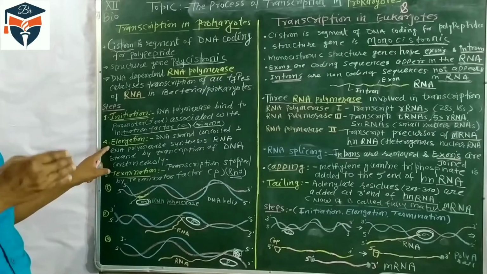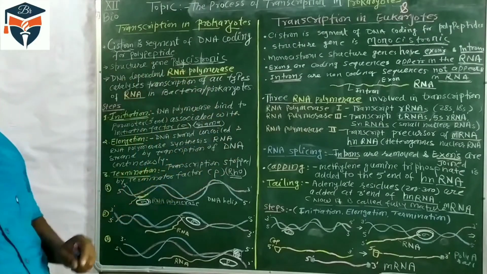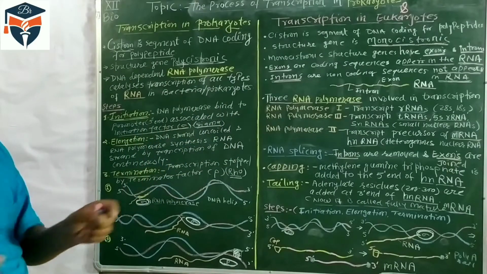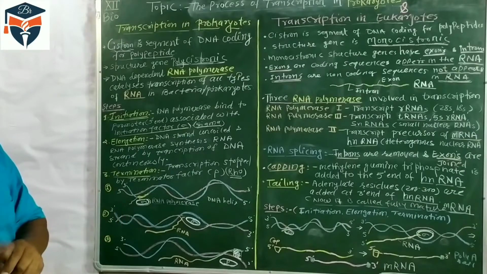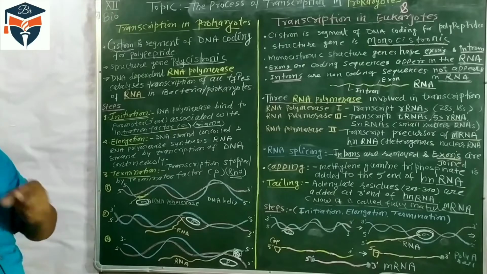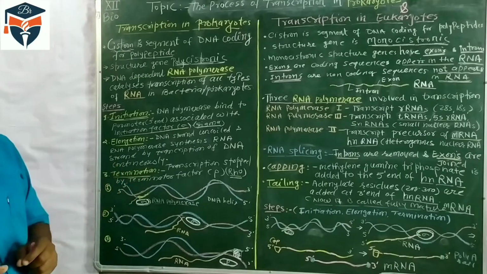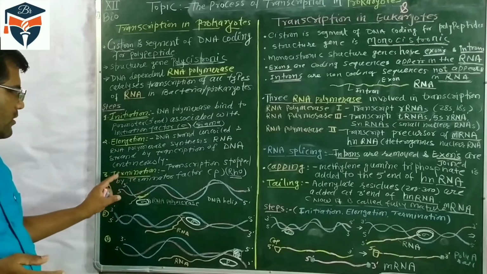Elongation means the process of transcription is continued throughout the DNA molecule, and one strand of the DNA continuously forms the RNA molecule. That is called elongation. And third, where the transcription process is blocked, the transcription process is stopped. This is called termination.